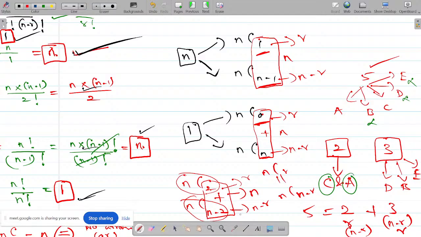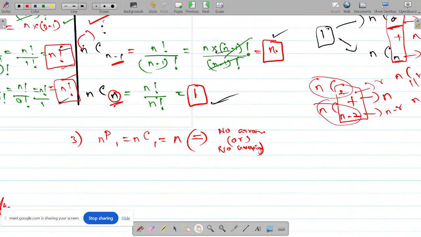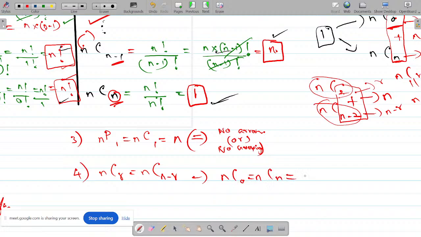So this is your next result. What's my result number here? 4th. So this is my 4th result, which says NCR and NC N minus R will be equal. The values will be equal. But ultimately, from the above discussion, we have taken NC0 and NCN are the same. What's the value? 1. And NC1 and NC N minus 1 are the same, where the value is N.